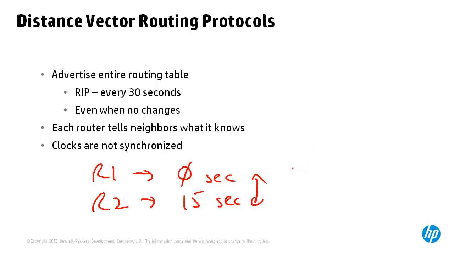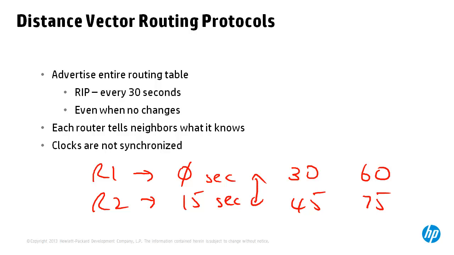So the updates will occur at 30 seconds, 45 seconds, 60 seconds, 75 seconds, and so forth. Notice there's a difference in the time between the updates between these two routers. It's important because this can cause issues. The times are not synchronized, so it's possible that the updates from one router override the updates of another router.